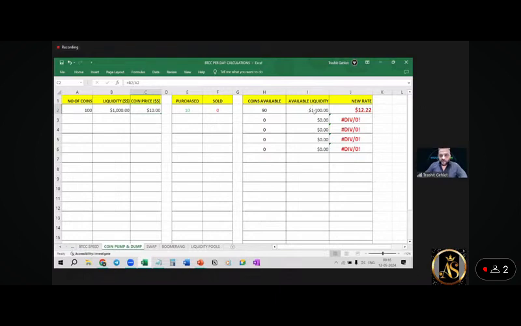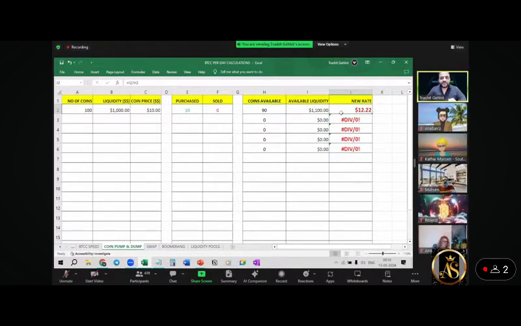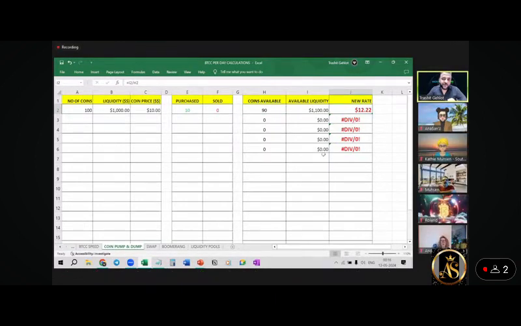So the existing liquidity has increased to $1,100, and the available coins against this liquidity in the system are 90. That determines the price of the coin as 12.22. You just noticed that the price of the coin has increased from $10 to $12, right?